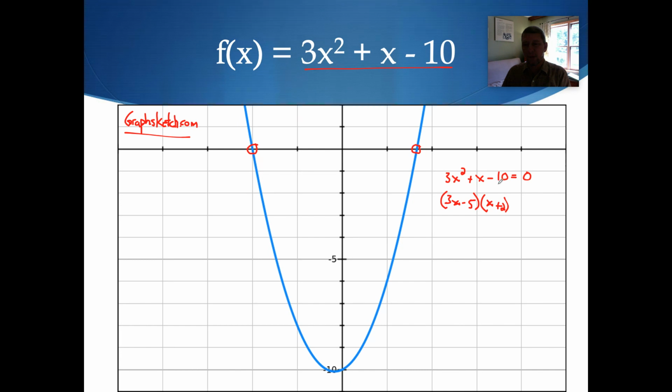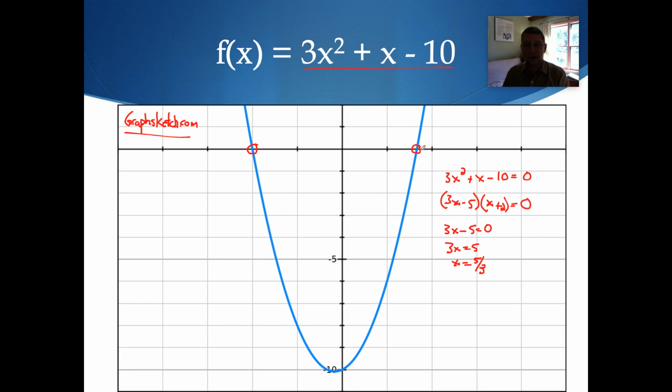Now, do -5 and 2 multiply to give me -10? You bet your sweet bippy. So that is the correct factoring of this particular problem. Now, if 3x minus 5 equals 0, then 3x equals 5, and therefore x equals 5/3, which is equivalent to 1.66666.